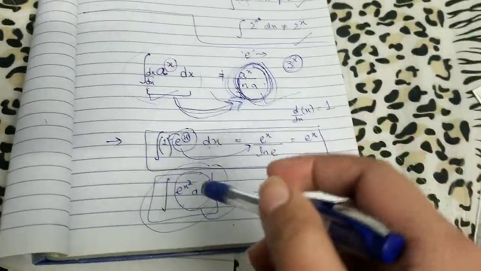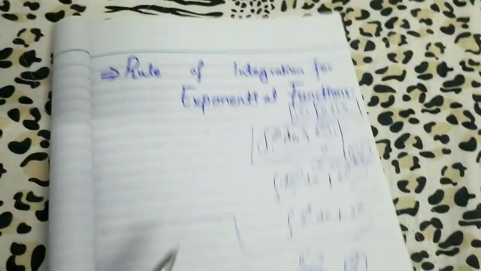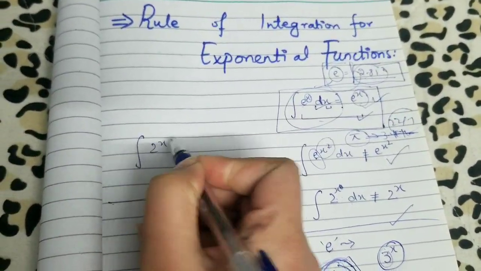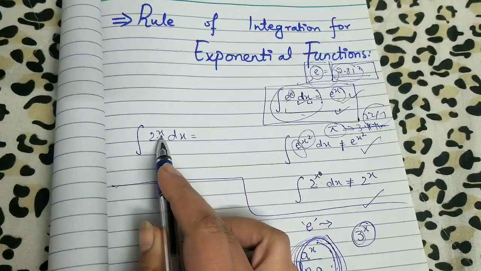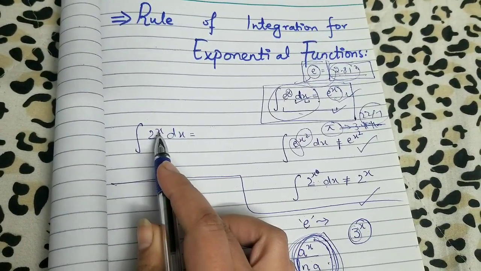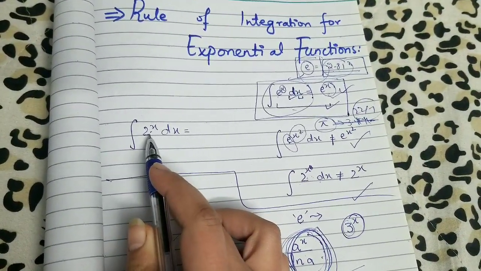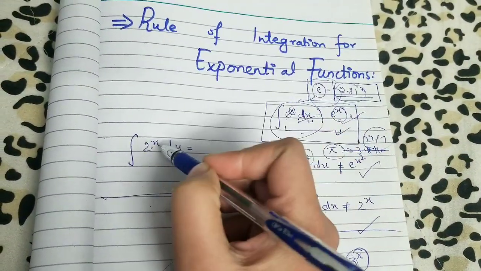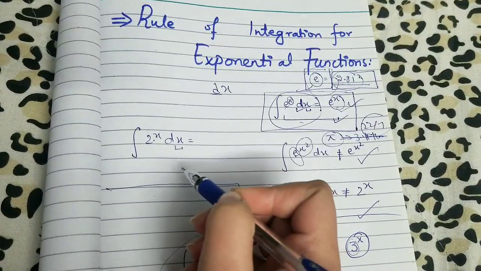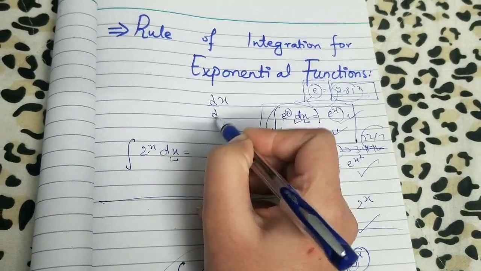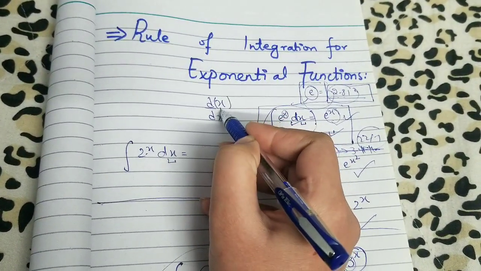So now let us talk about this function. If you have 2 to the power x dx, the situation is like that. First we'll see whether the derivative of the power appears beside the exponential function or not. The power is x, and the derivative is taken with respect to the differential variable, which is dx.